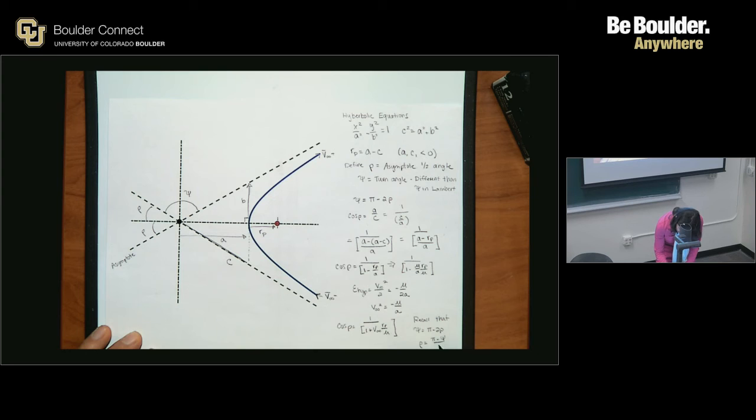Let's pull this out over here. Let's just rearrange this. We'll have 1 plus v infinity squared r sub p over mu is equal to 1 over cosine of rho.